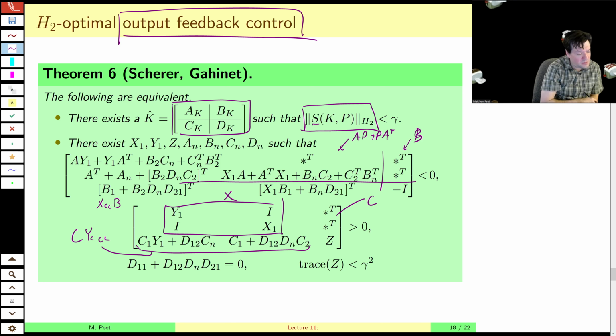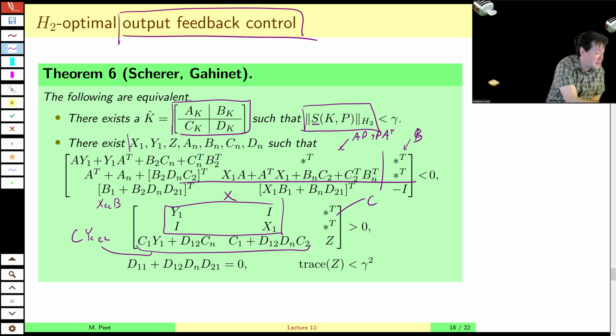So the results essentially translate fairly directly, and we can use the same set of variable substitutions that we did for the H-infinity optimal control problem, which is quite useful because then it allows us to combine the H-infinity and H2 optimal control problems and minimize both norms, or a weighted combination of both norms, with limitations, as we'll see.